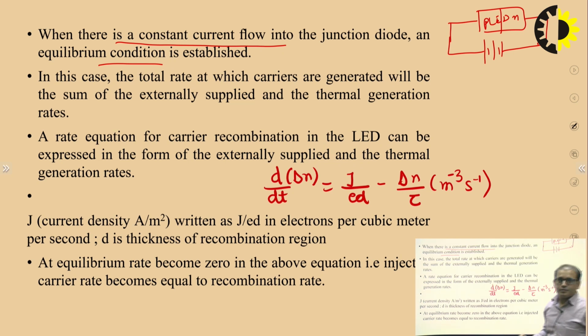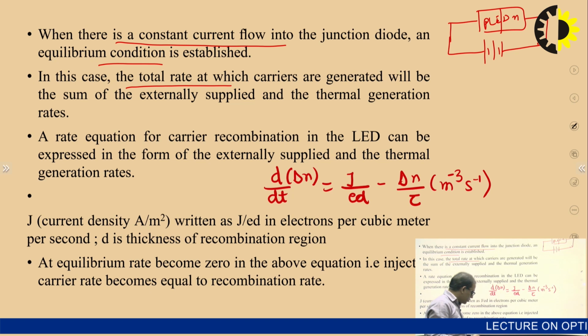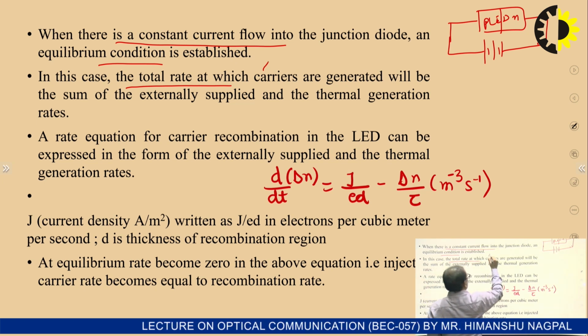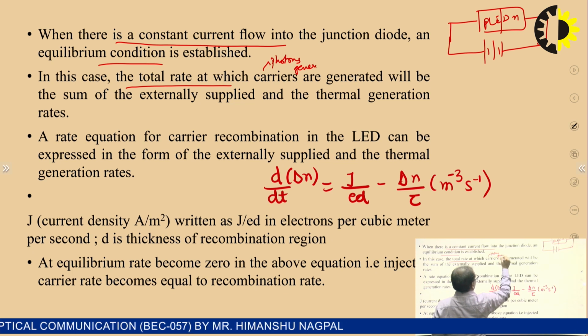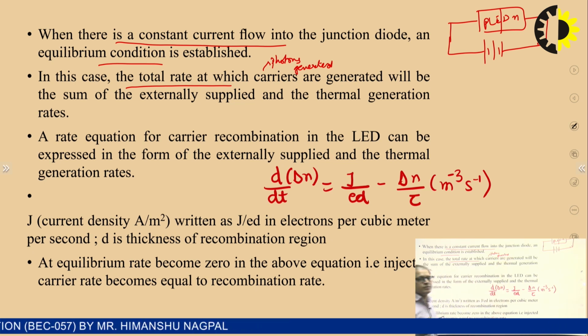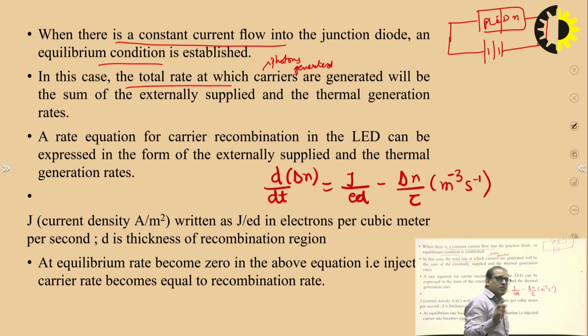Now see, the total rate at which carriers are generated, that means the total rate at which photons are generated, will be equal to what? It depends on the recombination, and that depends on the electron density.